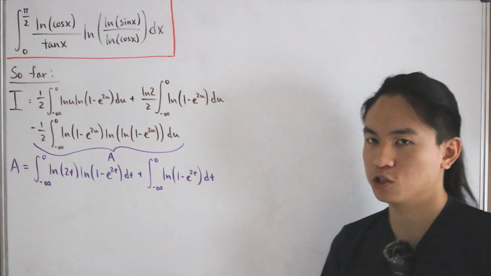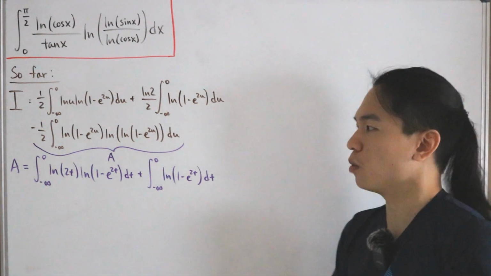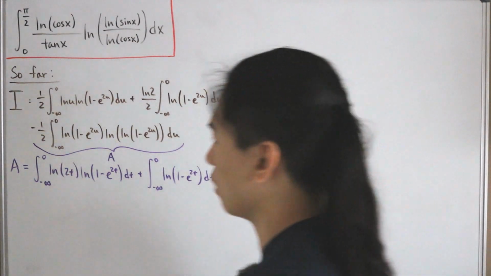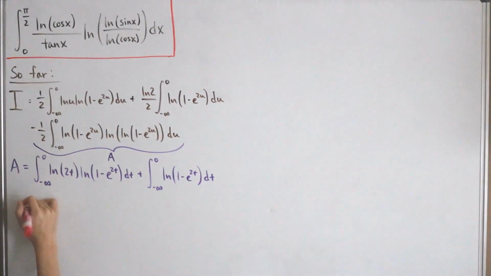So to continue on from there, we have an ln of 2t that we can actually apply natural log properties to yet again and split up into even more of a sum/difference of integrals.